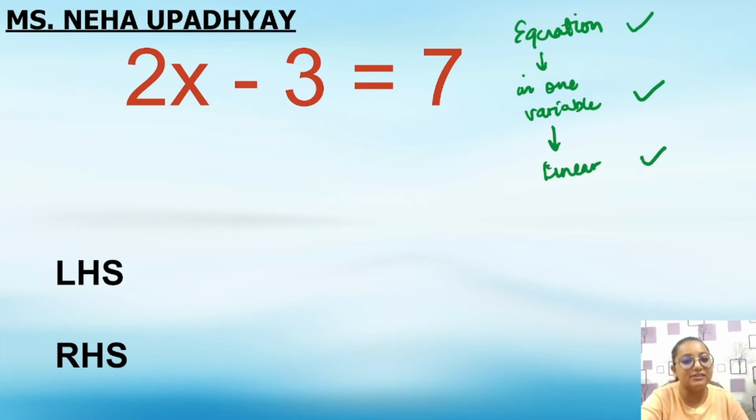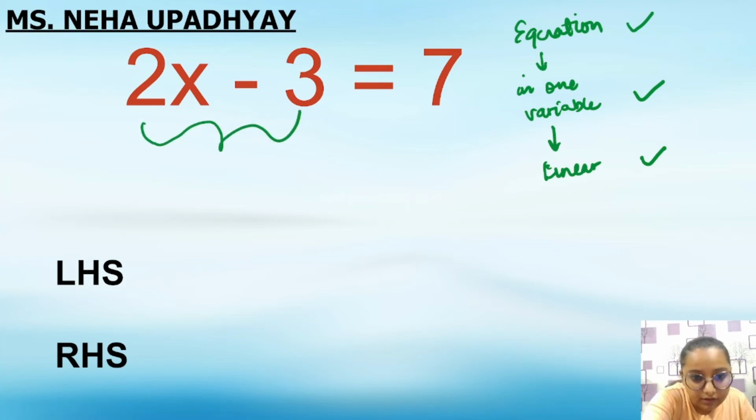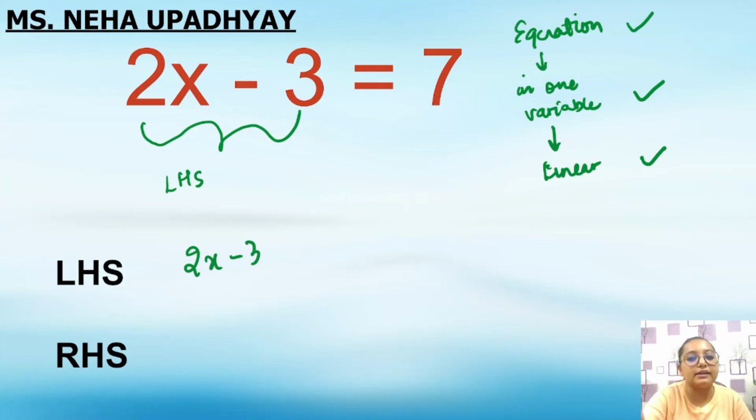Yes, this equation is linear also. Very good. So this is clear to everyone. Now tell me what are the right hand side and left hand side. This is the left hand side of the equation. We call it LHS, which is 2x minus 3. And what is RHS? RHS is 7.